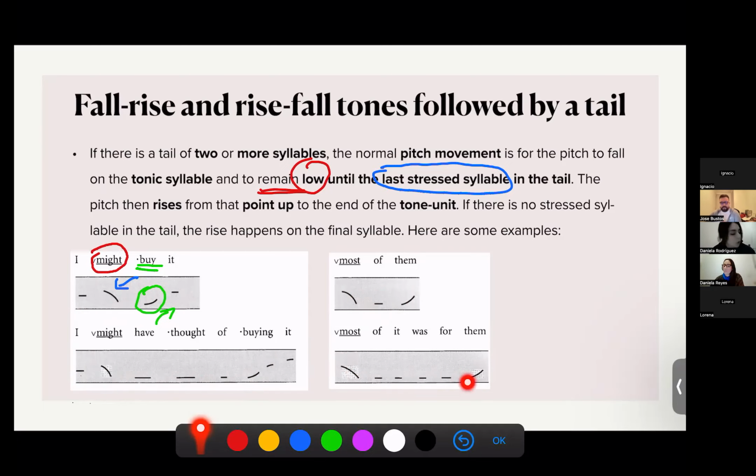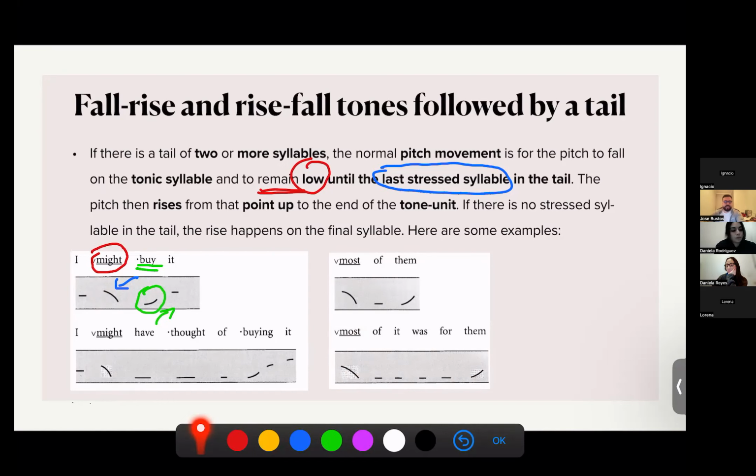Most of it was for them. So, students, if you see now, for example, for rise or rise-fall, if you have a tail, the pronunciation of the tone would be different because there's a pattern.